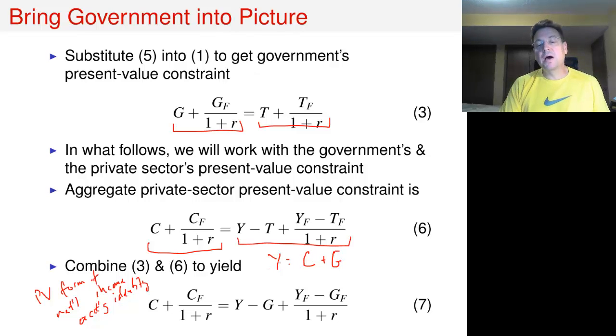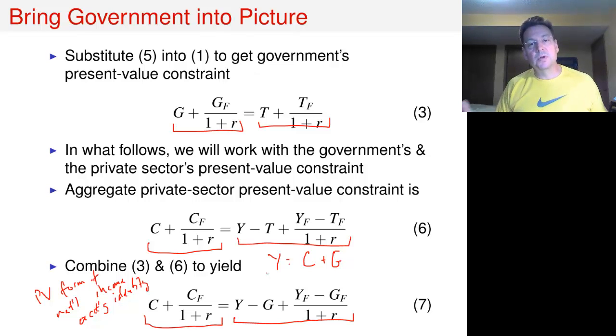We have y equals c plus g, and we have yf equals cf plus gf, and so what we can do is combine these and we get that the present value of consumption equals the present value of income net of the present value of government purchases. So in other words, what the private sector can consume in present value equals the present value of income less the present value of what the government consumes.